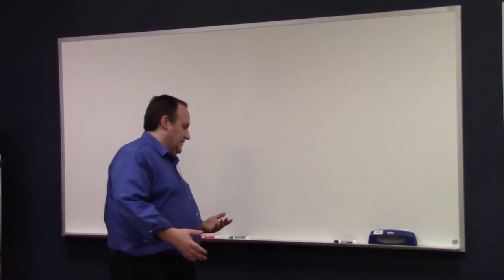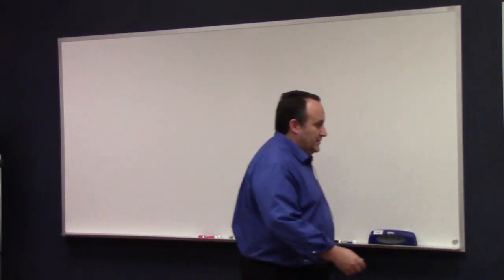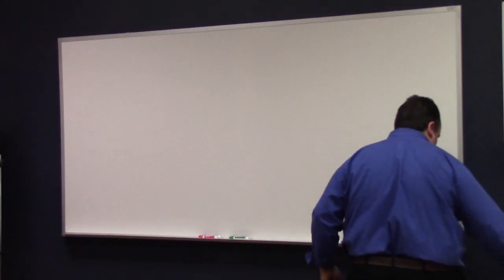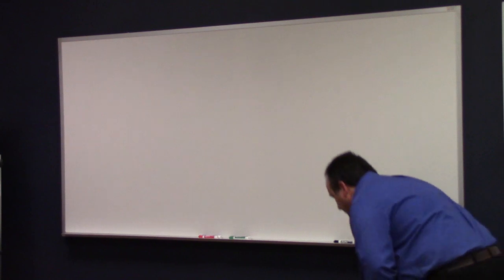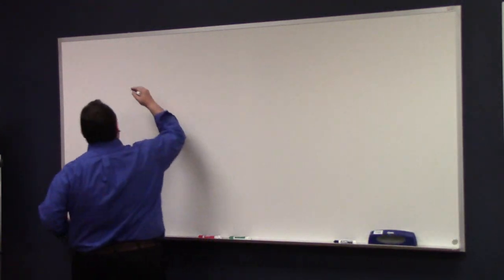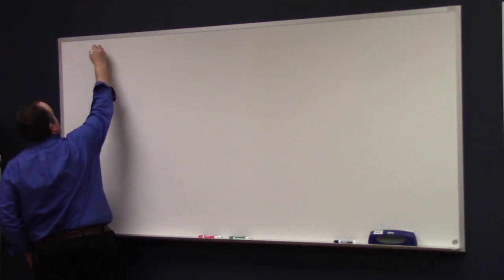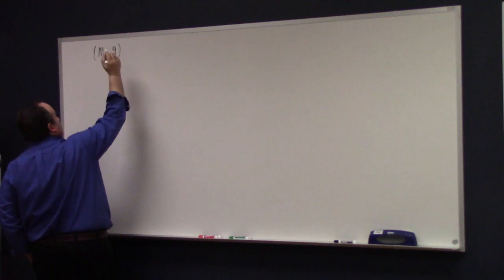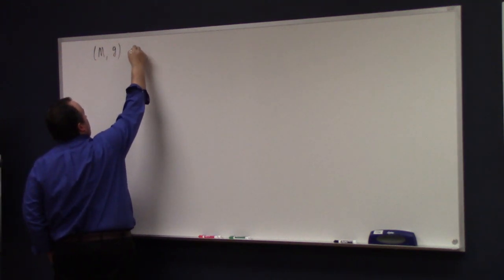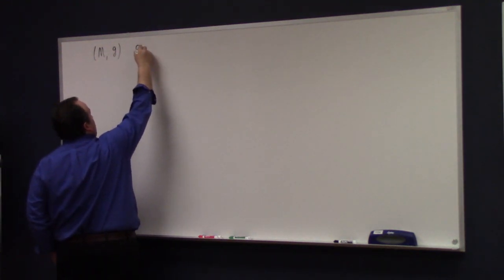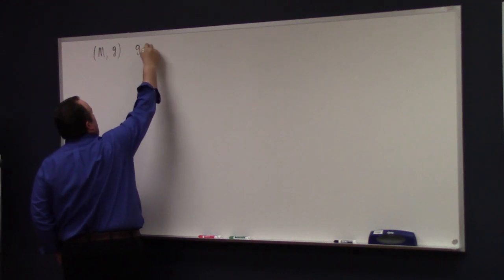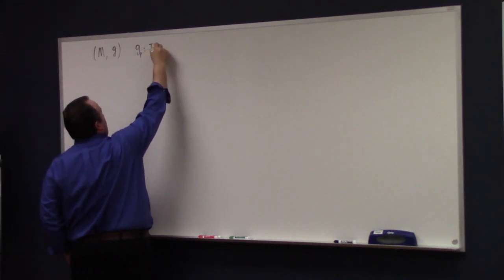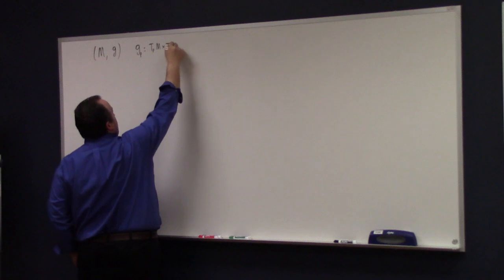So let's see here. We defined last time the concept of Riemannian geometry. Basically, we have a manifold and a rank 2 tensor field, right? So G at a point P would be a mapping from T_P M cross T_P M to the reals.